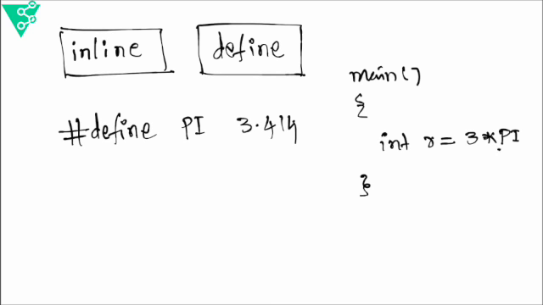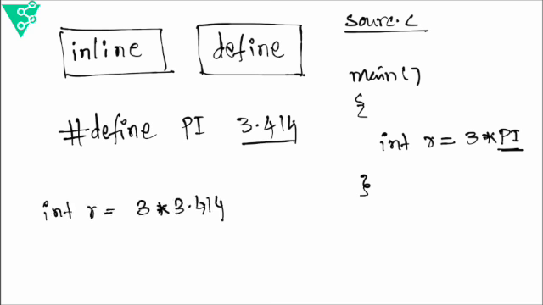This value gets replaced with 3.414 at the time of compilation itself. So when your source file, let's say source.c, is pre-processed first and then sent to compilation, by the time it goes from the preprocessor to the compiler, the code looks like int r is equal to 3 multiplied by 3.414.